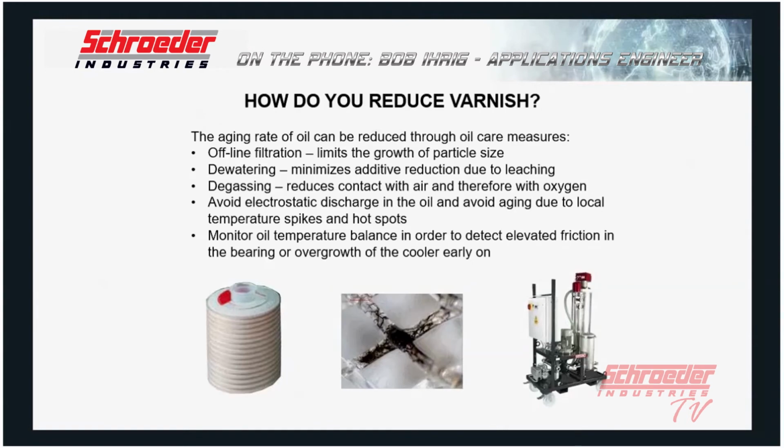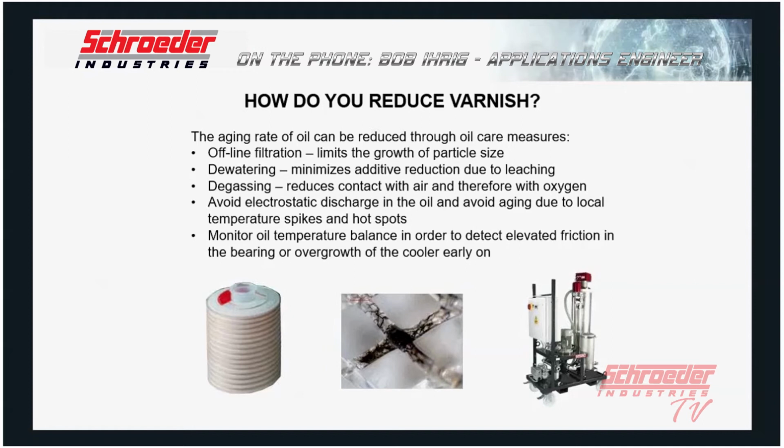So, how to reduce varnish? After identifying that there are no engineering means to engineer the problem out of the system, generally speaking you obviously want offline filtration in most cases, because that's the only way you're really going to get to a given fluid cleanliness.